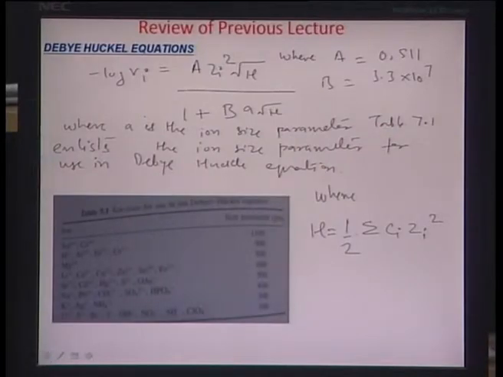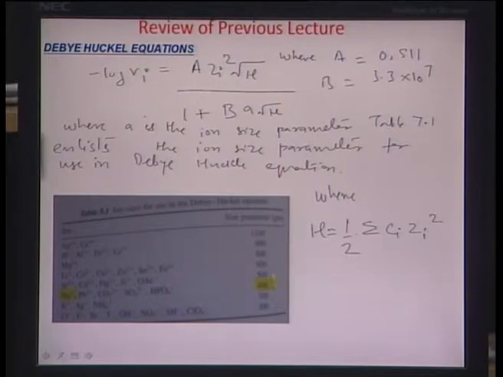Sodium Na plus, if you look at this zone here, has an ion size parameter of about 400 picometers, or 4 into 10 to the power of -10 meters, or 4 into 10 to the power of -8 centimeters.